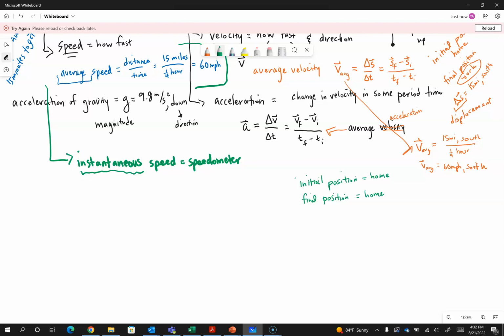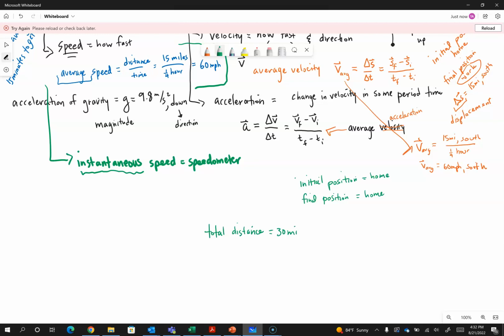Now, the total distance I drove, assuming I just went straight to work and straight home, would be 30 miles. So 15 miles to work, 15 miles back home. The total distance I traveled would be 30 miles.